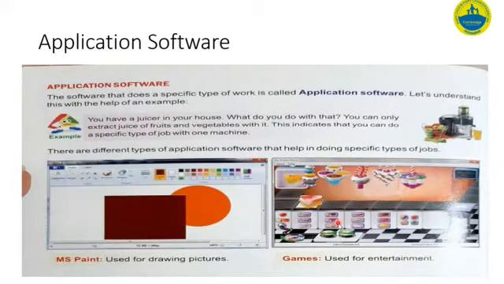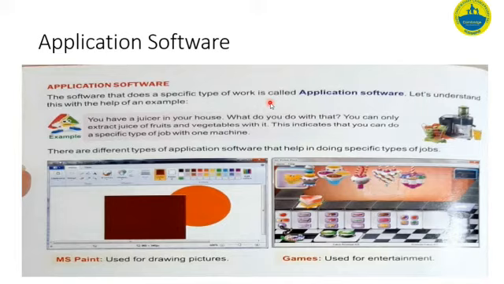Next is application software. Now what are application software? The software which does a specific type of work, like MS Paint. Which specific work does it do? It is used to draw pictures. Games: which specific work do they do? They are used for playing.